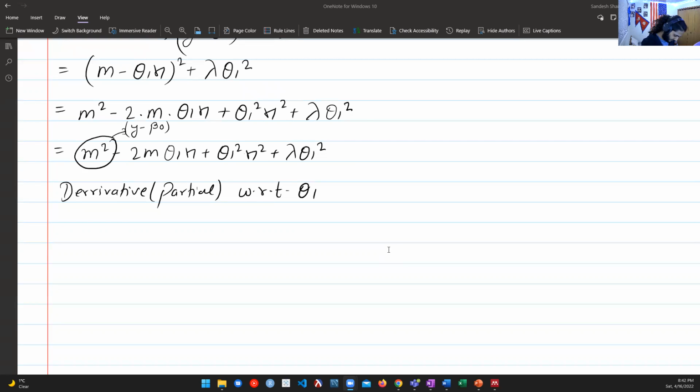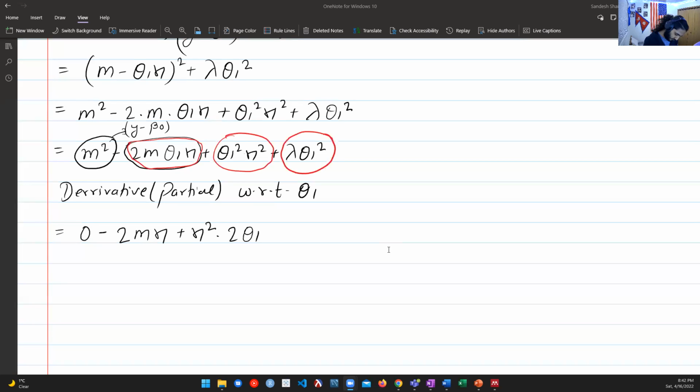So we can directly write 0 minus the derivative of the second term, 2 m theta 1 x, which becomes 2 m x, because the derivative of theta 1 with respect to theta 1 is 1. Then the derivative of the third term gives plus x square, a constant, times 2 theta 1, and the derivative of the last term gives 2 lambda theta 1.